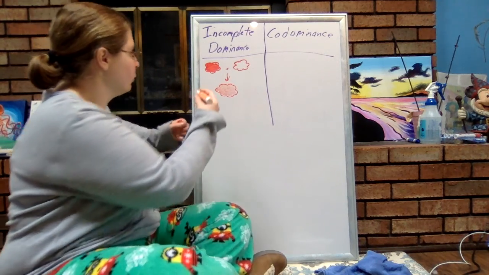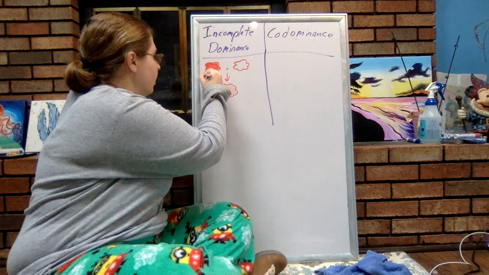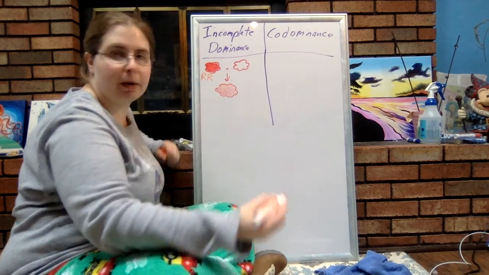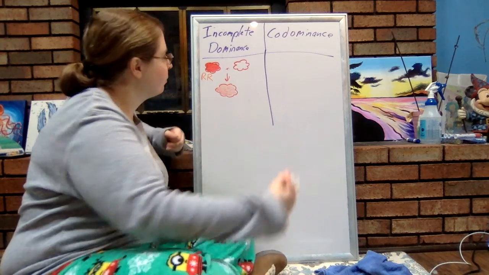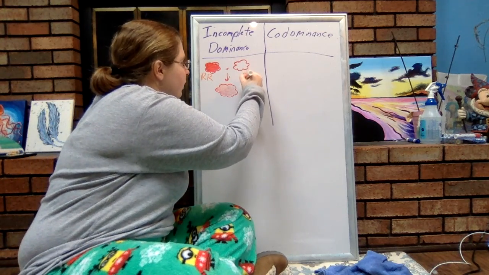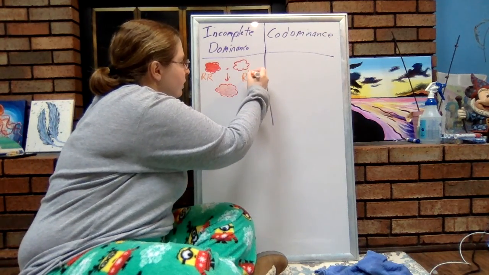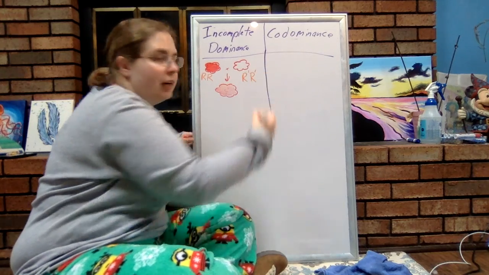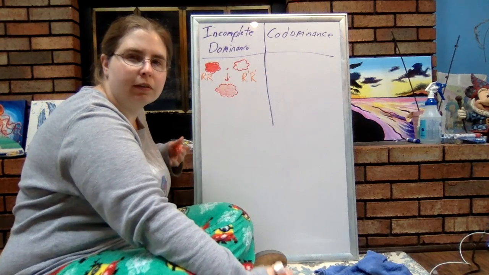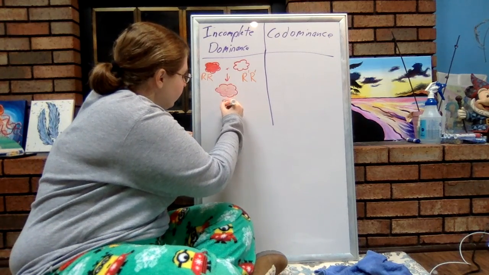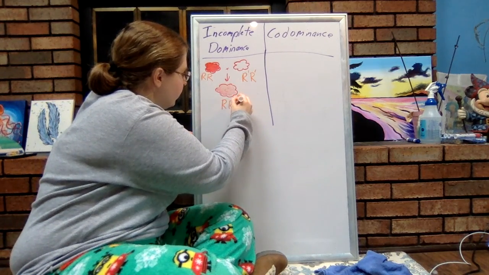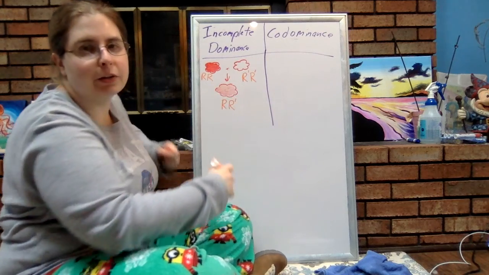For this one, we can use capital R for homozygous red and R prime for homozygous white. Then the offspring gets one of each, R R prime, they're heterozygous, and now you get the pink color.